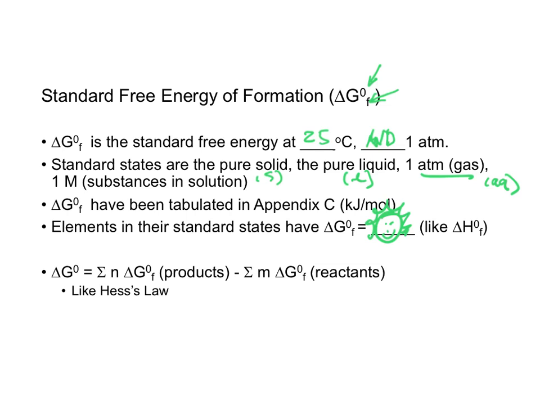So again, it parallels delta H exactly. The nice thing is, when you do a calculation, you will have one just like you had before. It will be Hess's law. So these are all the attributes we can attribute to the standard energy of formation. All you're doing is expanding your repertoire. You're just substituting a G for an H.